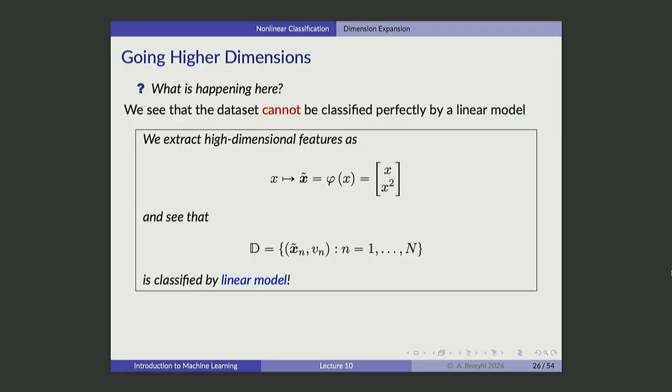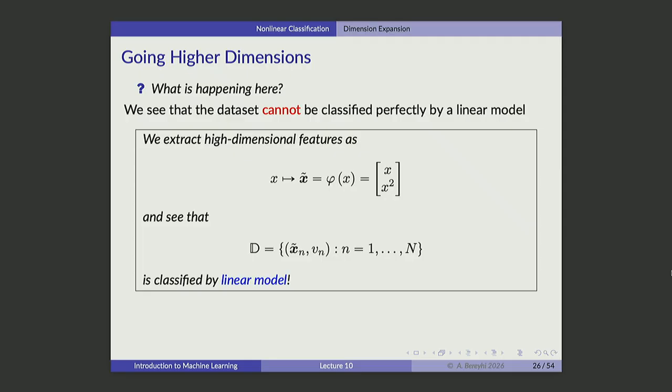Then this can be linearly classified. So I take my data points x and replace them with this new vector x tilde, which I can directly compute from my x. And now I perform my linear classification on this new vector. Everybody's cool? Questions?